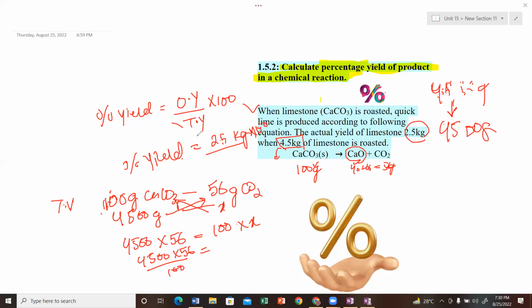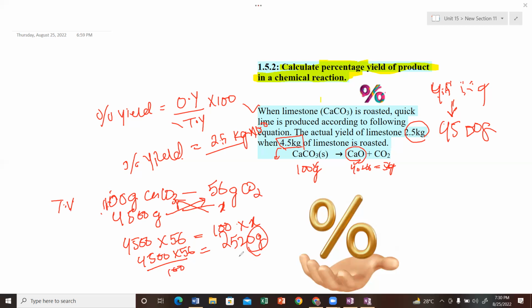Let us calculate 4500 into 56 divided by 100. So it is 2520 gram. Your answer is 2520 grams. But remember, I told you that here we have 2.5 kg and we have calculated in grams.